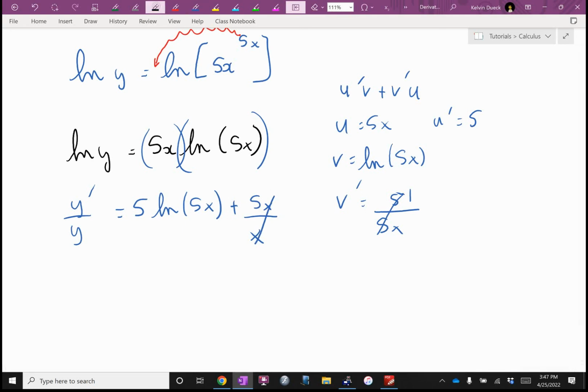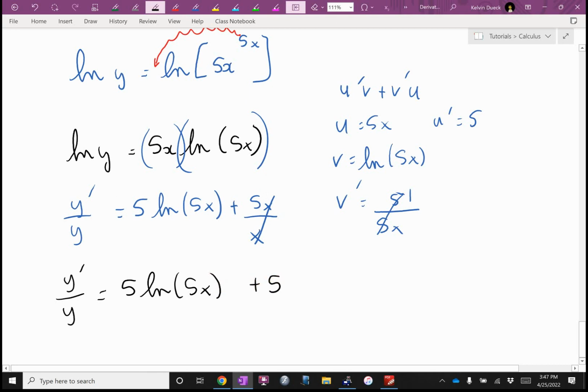So I end up with this. Not done yet, but okay. Your log rules, you may remember, say when you're adding, that's the same as multiplying. Is this the same as multiply? No, because this is not inside a log. I can't use any log rules with that 5. I could move this 5 back up on top of the 5x as an exponent, and I might.